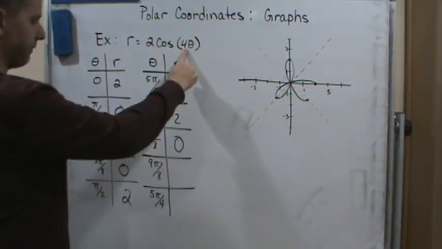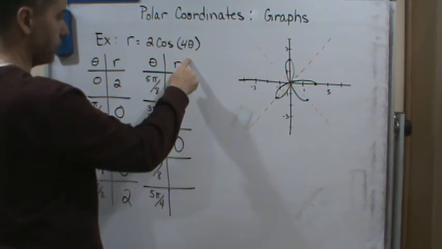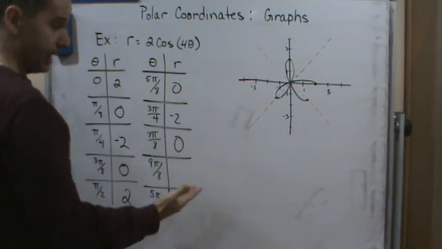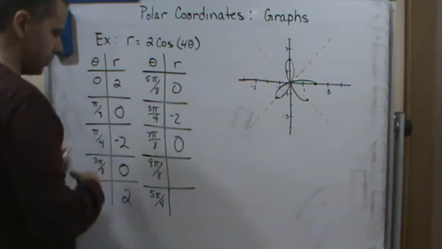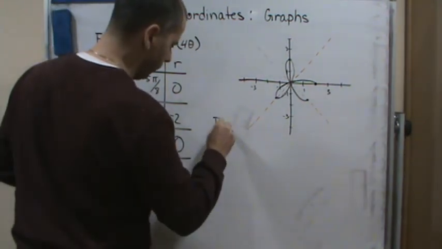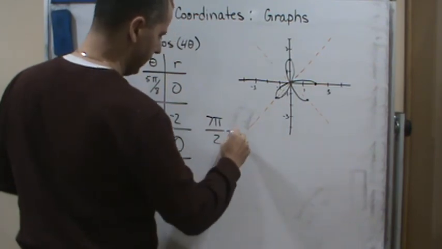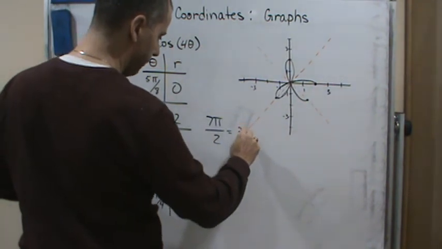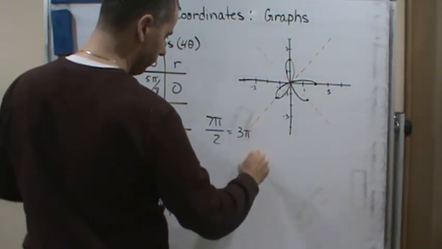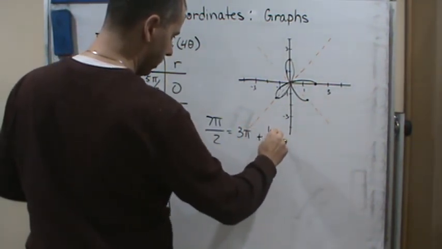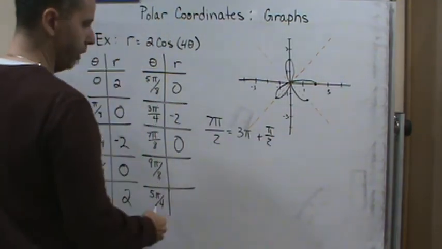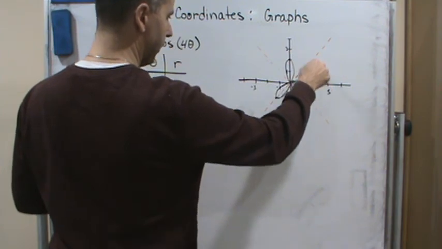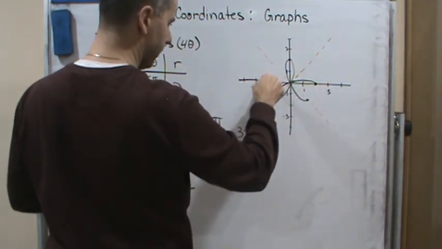Again, let's do it. So this is going to be 7 pi over 2. Well, 7 pi over 2 is a 90-degree angle. So 7 pi over 2 is the same as what? 3 pi plus pi over 2, right? Which basically brings us full circle, that's 2 pi, and then another pi, and then another half pi.